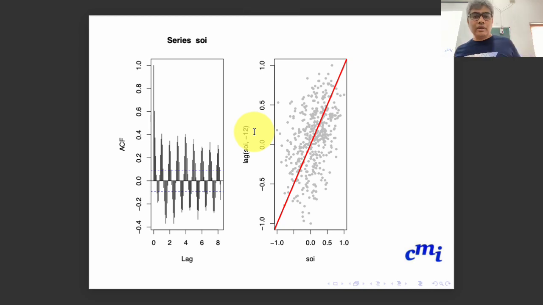So this was the autocorrelation function, a standard one, and here I can plot the Southern Oscillation Index against lag 12 Southern Oscillation Index, and they are positively correlated. So either you look into the lag scatter plot or into the ACF, and from the ACF plot or the lag plot you try to figure out which lag you should definitely consider in your analysis.